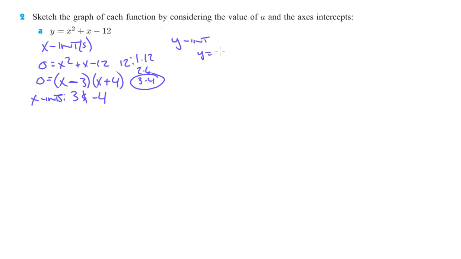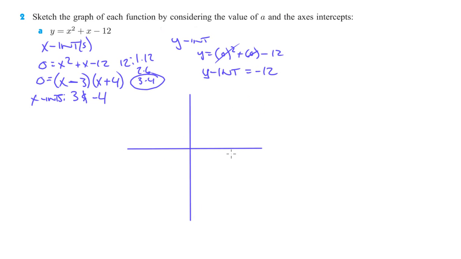So that's going to be y equals 0 squared plus 0 minus 12. Those both go away, and so our y-intercept equals -12.